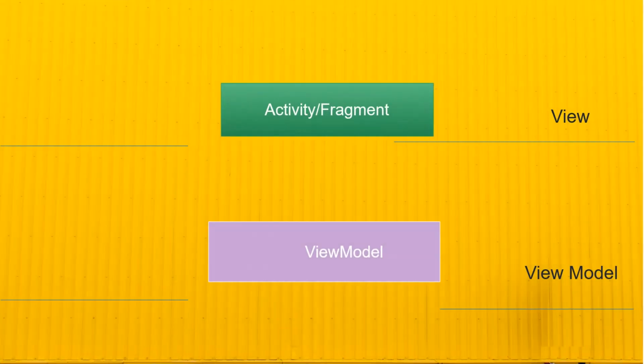Right now, our puzzle fragment has a direct reference to the puzzle view model, but the view model, in our case puzzle view model, has no clue which views are using it. We need something to notify any data changes to the view and automatically update the UI. We can do this using LiveData.